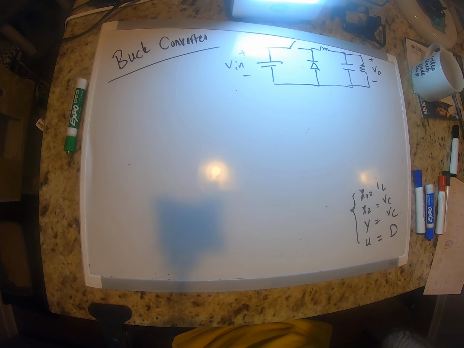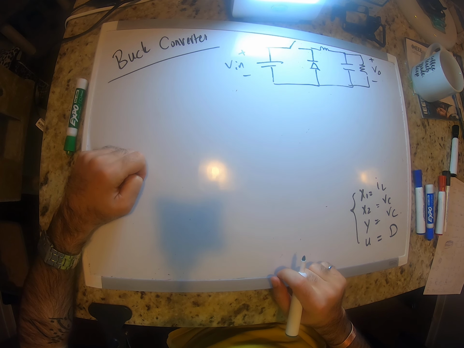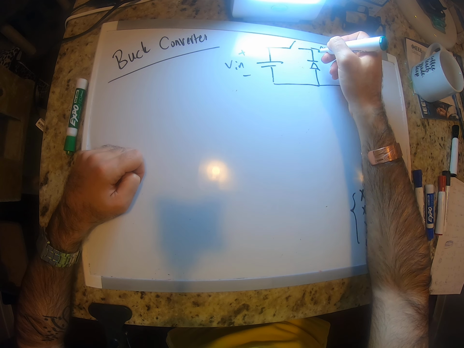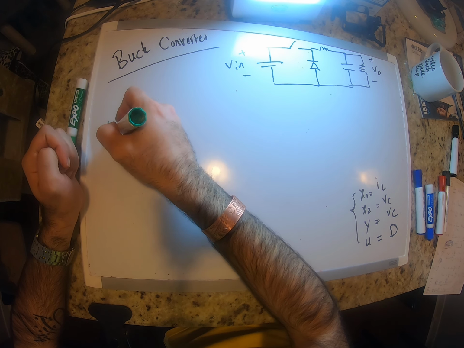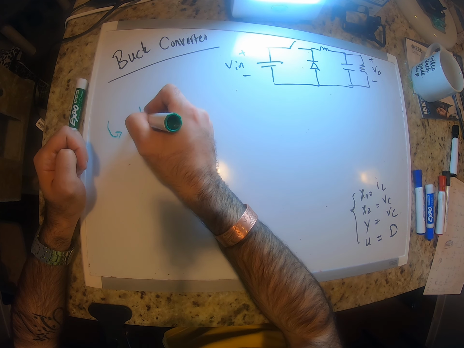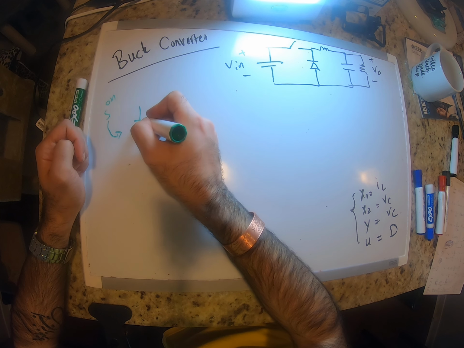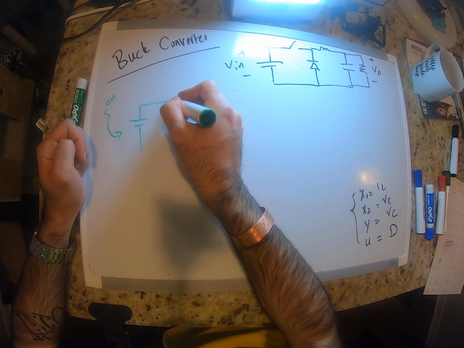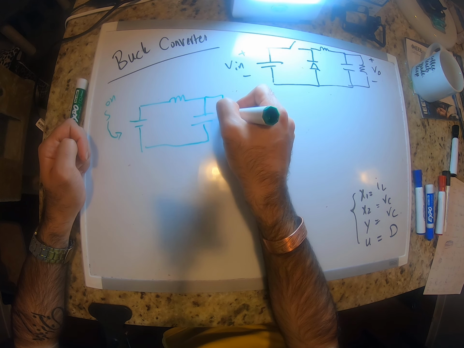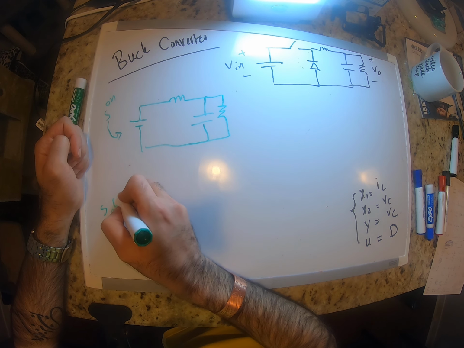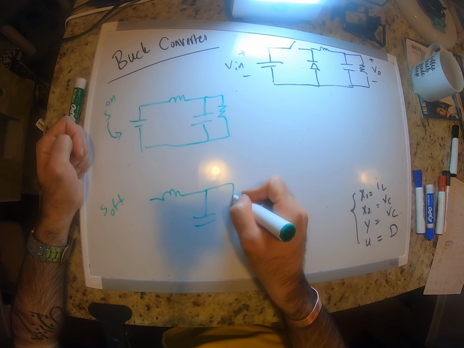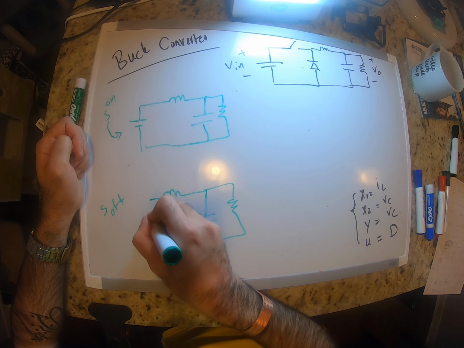Let's look at this voltage. First of all, if this switch is on, our circuit is going to look like this. Switched off, our circuit is going to look like this.